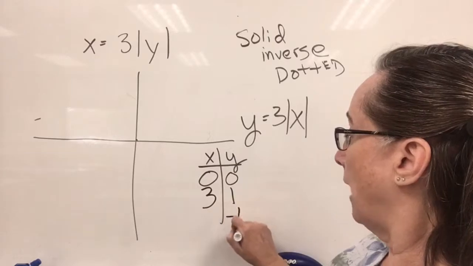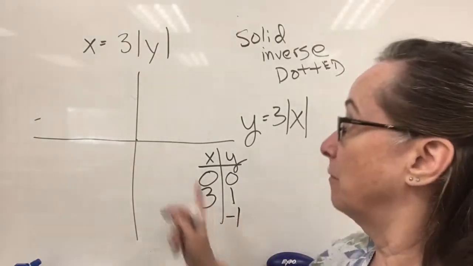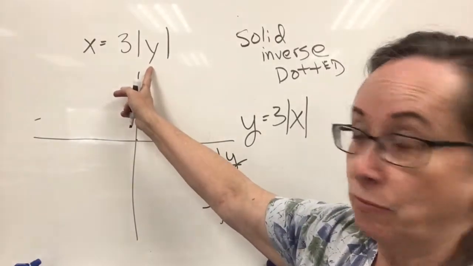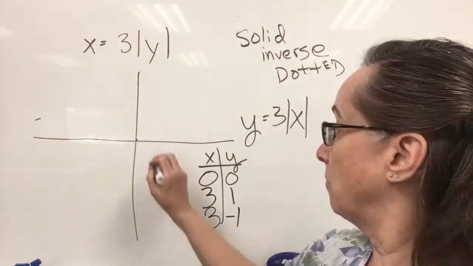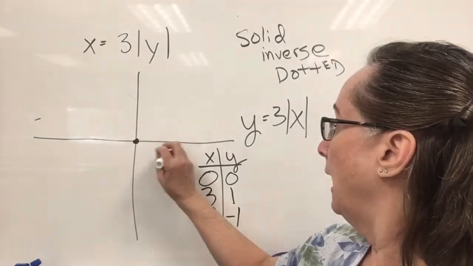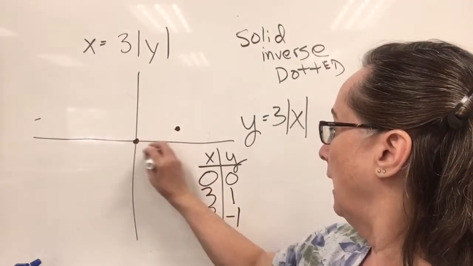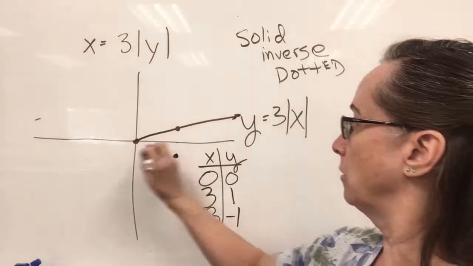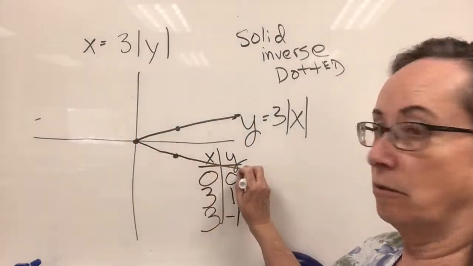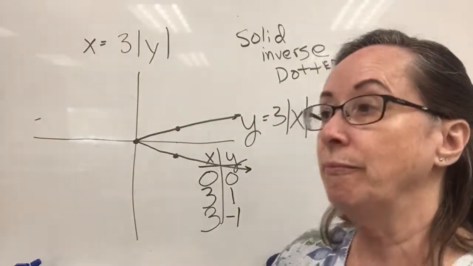If I plug in a y of negative 1, then the absolute value will make it a positive 1, and I'll still get out a 3. So my V shape is going to the right. I've got a 0, 0, and a 1, 3, and a negative 1, 3, and my V shape, which is my original function, is going to go in that direction.